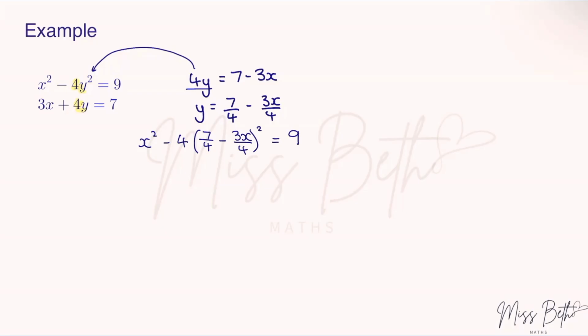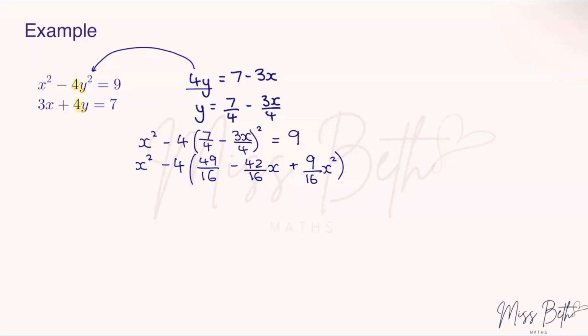So our next line of working for this one would be x squared subtract 4, and I'm going to FOIL that double bracket. So that's going to give me 49 over 16, minus 42 over 16x, and then plus 9 over 16x squared.